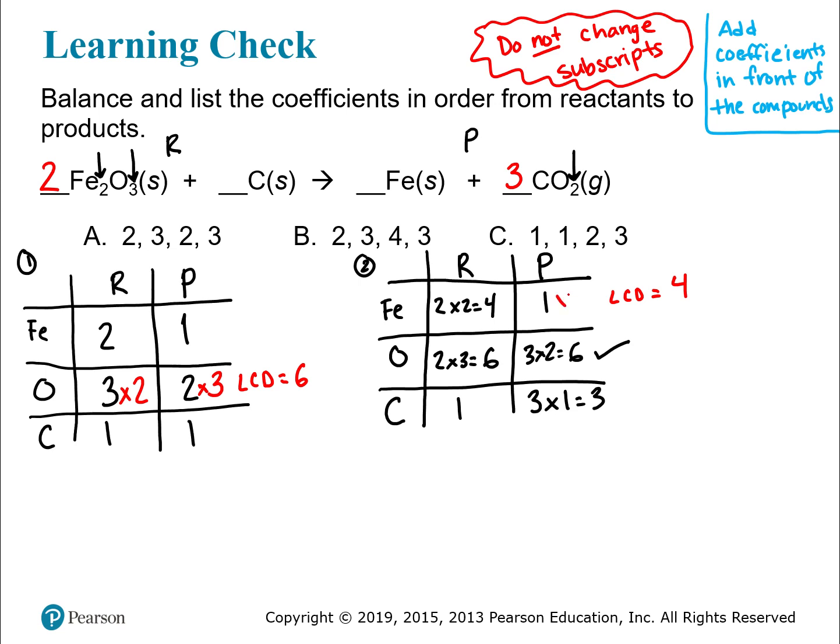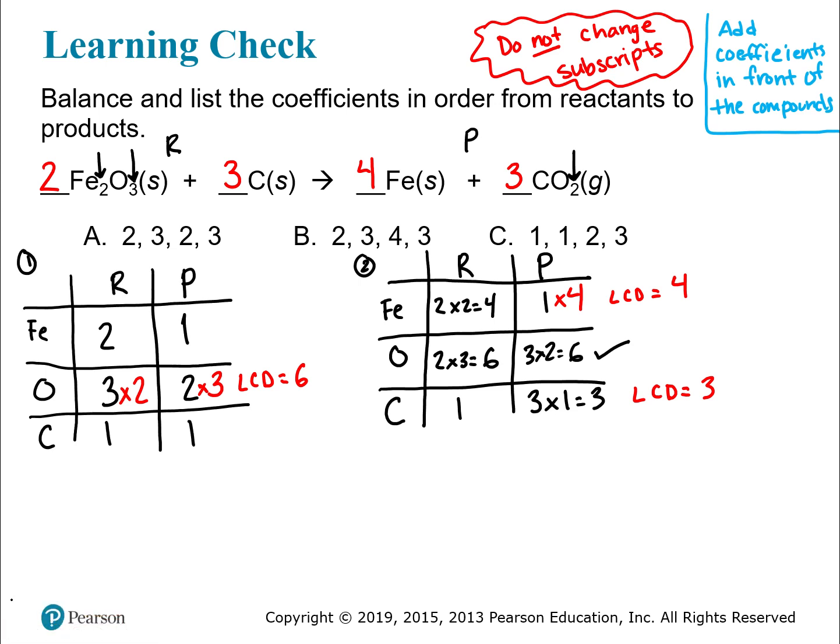That means we're going to place a 4 in front of where we see the iron on the product side. We're also going to do carbon in the same fell swoop because it's pretty easy. We've got 1 on the reactant side, 3 on the product side. Lowest common denominator is going to be 3. So we fill that in as well.